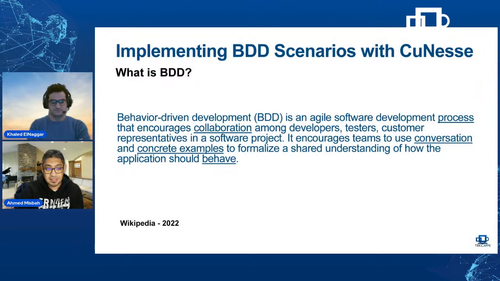And now BDD takes that to a new level, and that is having a conversation around concrete examples in order to make the understanding about a piece of requirement shared and concrete about how the application should behave. So this is basically what BDD is. It's a process. It's about collaboration and conversation. It's about using concrete examples to formalize a shared understanding of how an application should behave.